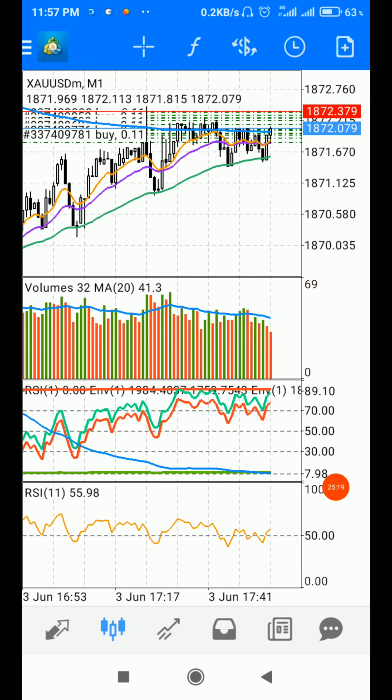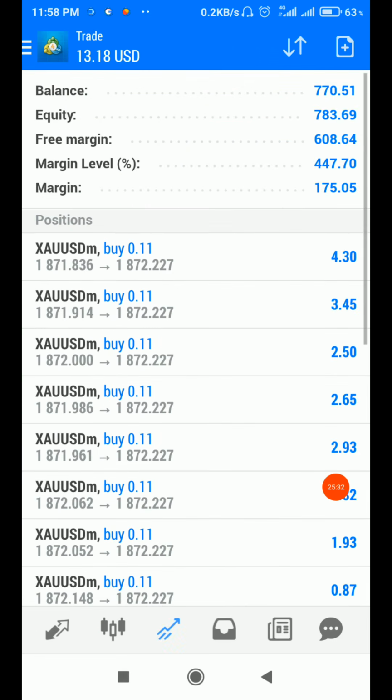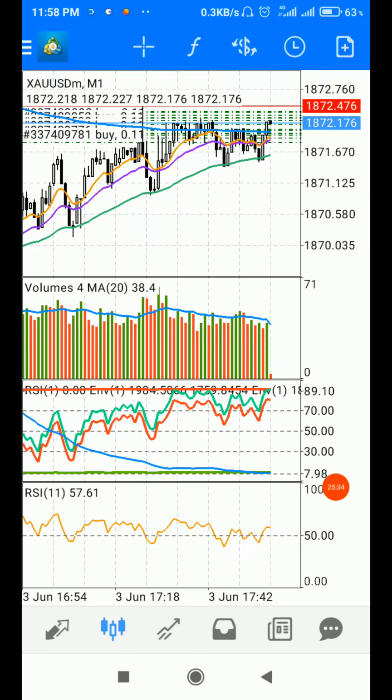And price is nicely hitting upward. We're starting to get profit.